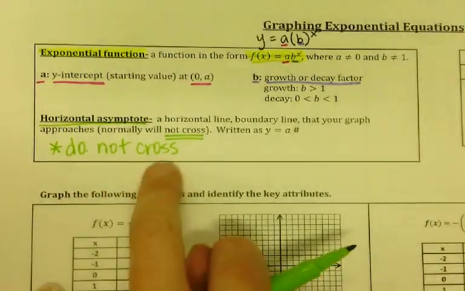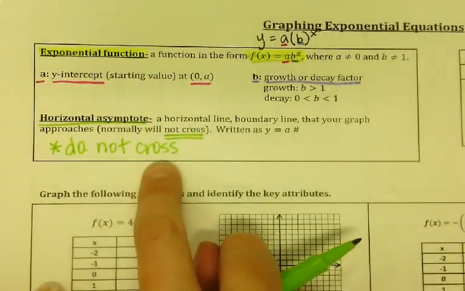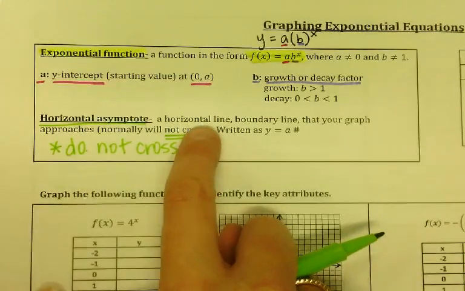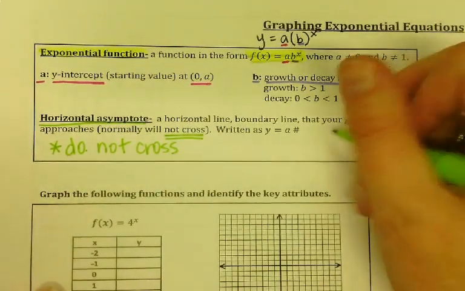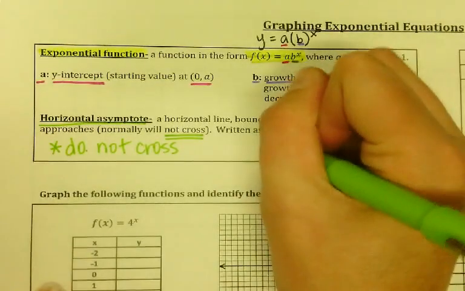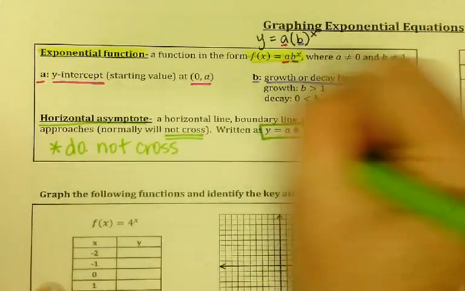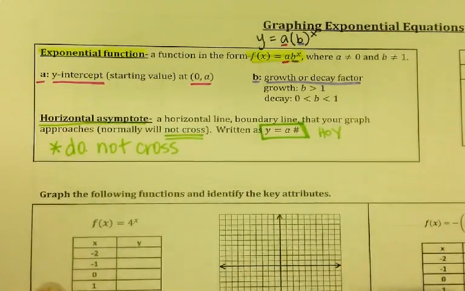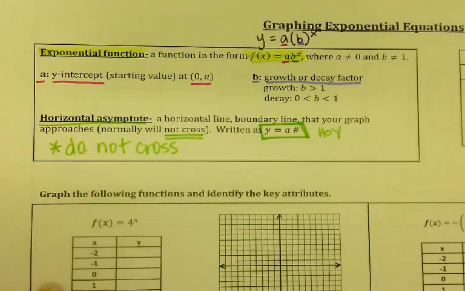That is super, super important. So if you have a horizontal asymptote, it does not cross that line. That asymptote is a horizontal line, and so you write it as y equals a number. It's not the a there, it's y equals a number, whatever it does not cross.